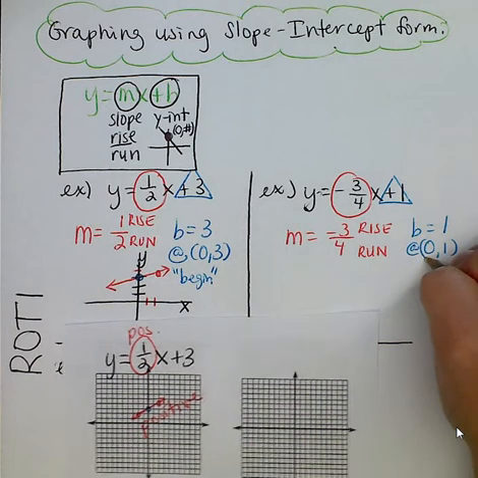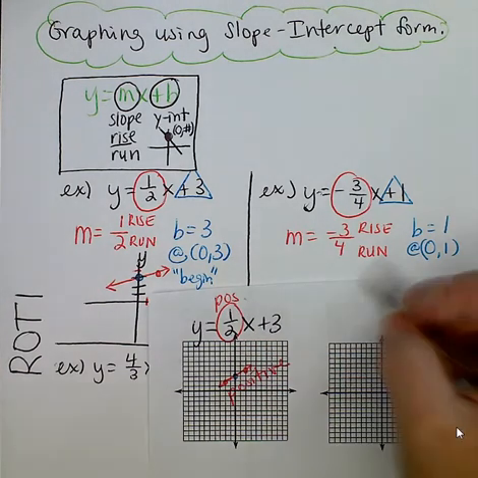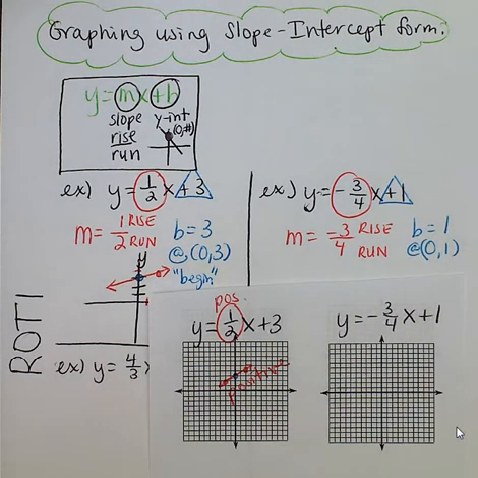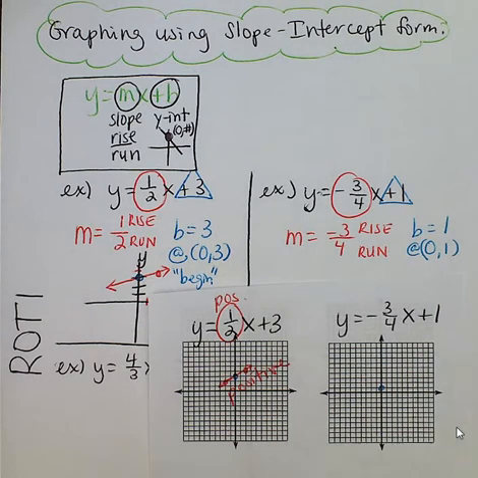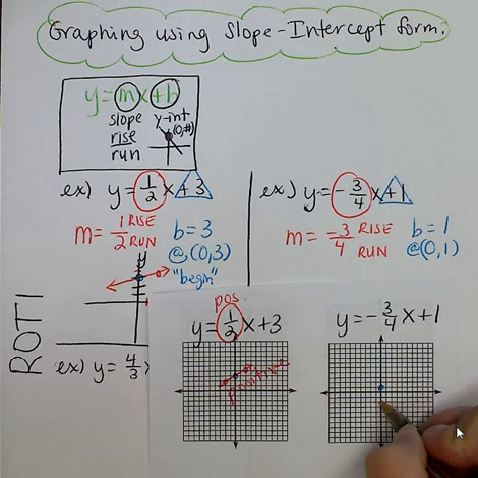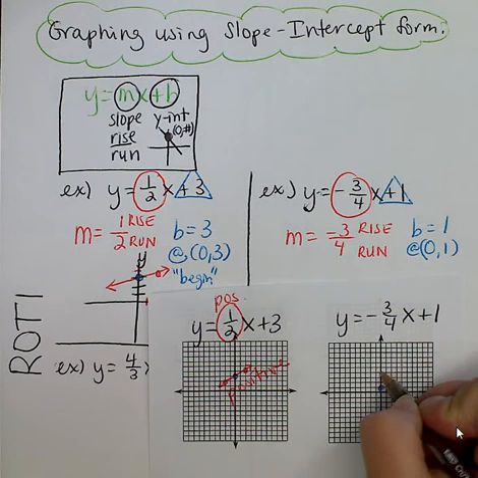So if we go to a sheet of graph paper here, I'm going to begin on the y-axis at 1. And from that point, I'm going to go down 3. Include the origin, 1, 2, 3. 1, 2, 3, 4. Or remember, I could go up 3, 1, 2, 3, and left 4, 1, 2, 3, 4.